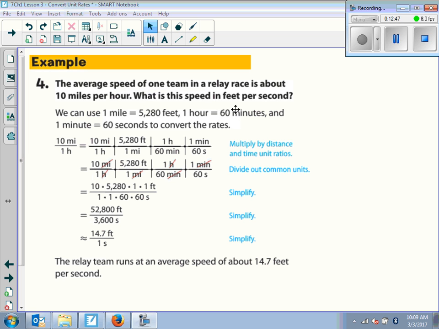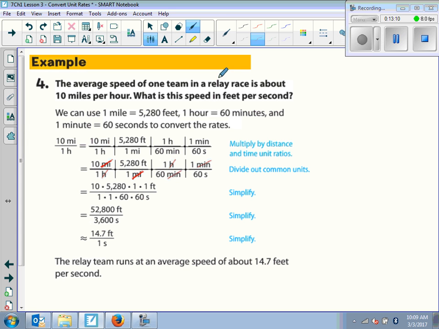So that's why there's so many of them in there, okay? So here you can see that miles and miles will cancel. There's miles and miles, that will cancel. And then we're going to convert the hours to minutes, right? And then minutes to seconds.